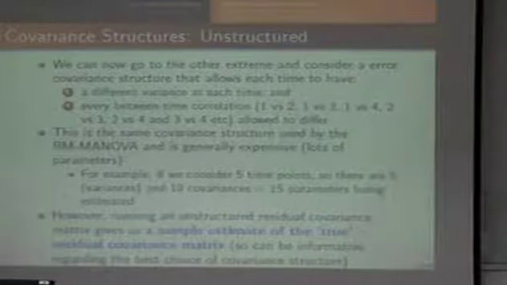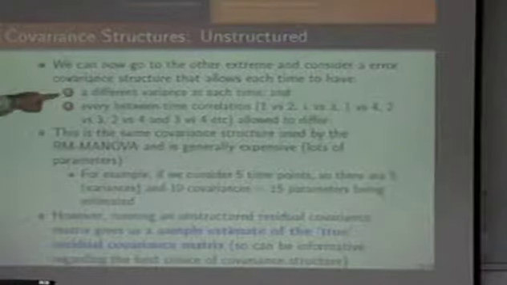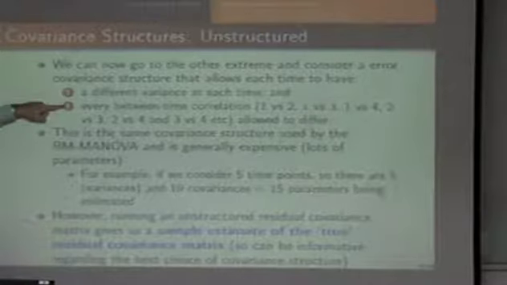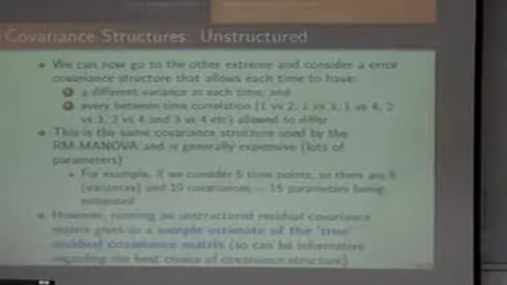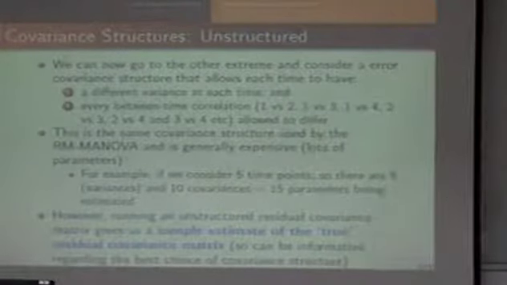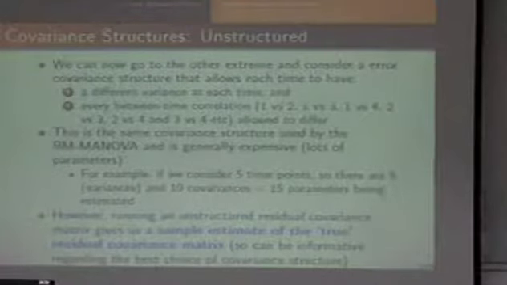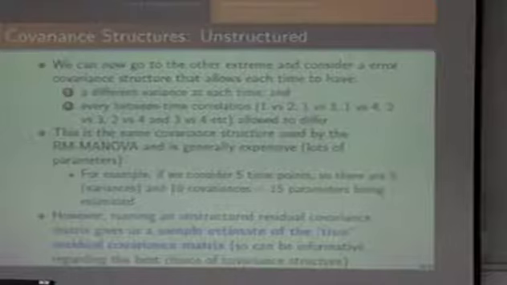Correlations between times are allowed to be different. So, a different variance at each time, and every between-time correlation is allowed to differ. This is actually, and I mentioned this very briefly before, the error covariance structure, or residual covariance structure, that underpins the repeated measures MANOVA.